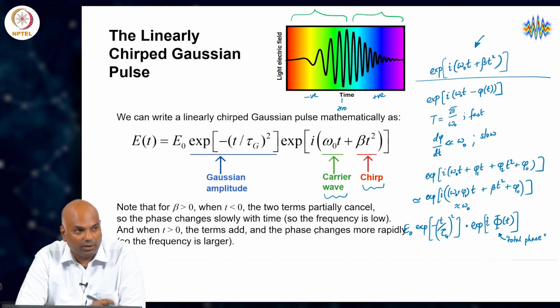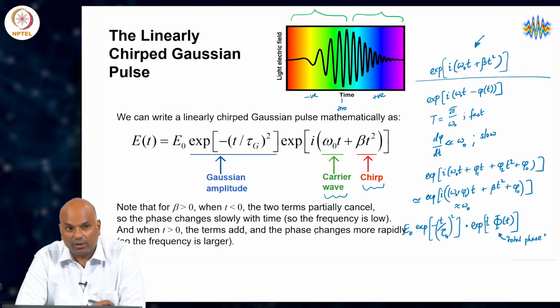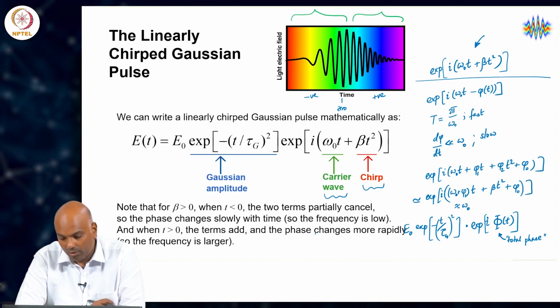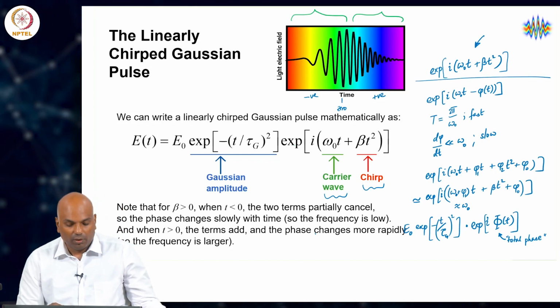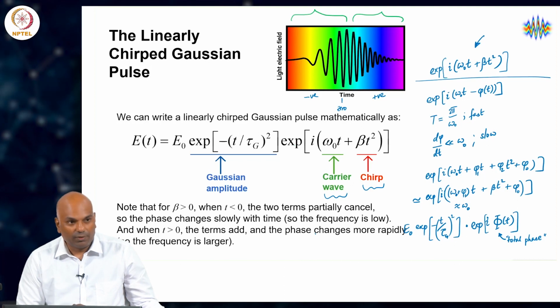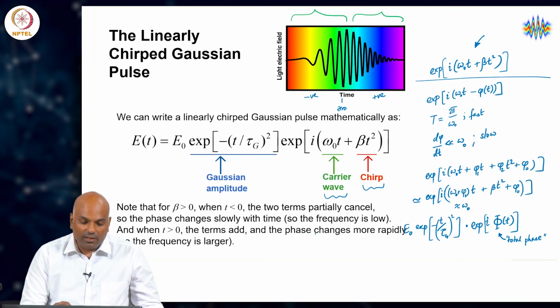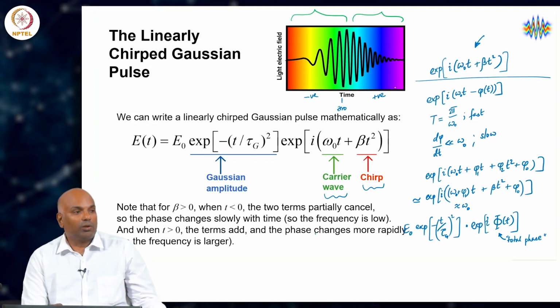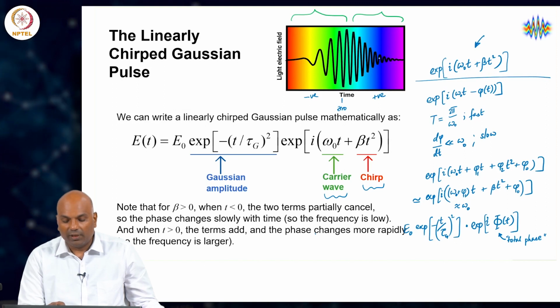The beta t term adds on to the value of omega naught on one side, whereas it subtracts out on the negative side. Therefore, in this kind of instantaneous frequency variation in the pulse, the phase itself varies quadratically across the time axis, whereas the instantaneous frequency varies linearly.